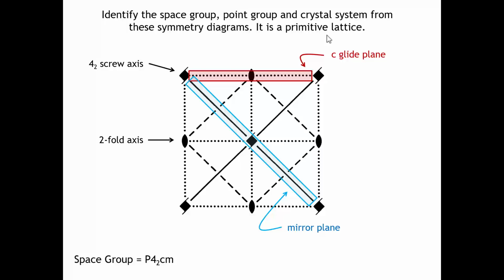We can get the point group by turning the screw axes into rotation axes and the glides into mirrors. So the point group here is 4mm. And then finally, the crystal system, as we've already identified, is tetragonal. Okay, so that's how you might look at a diagram and figure out the name of the space group.